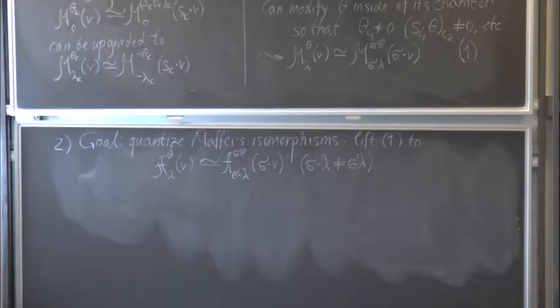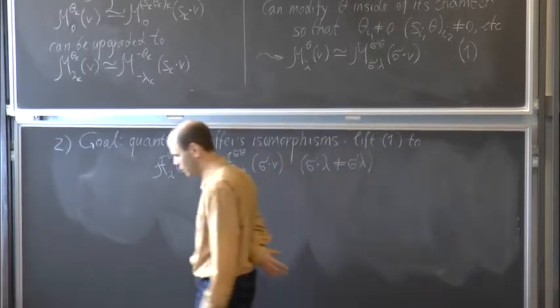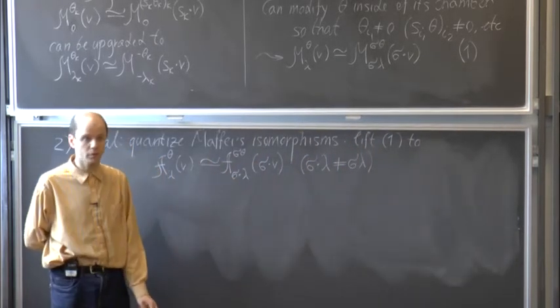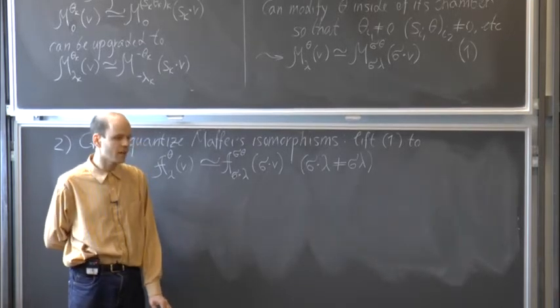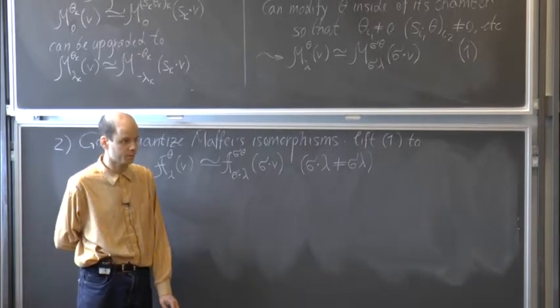And the reason is that when I do the classical computation, I have a distinguished moment map, just the quadratic homogeneous one. When I do quantum computation, I don't have a distinguished moment map. The quantum comoment map in particular depends on the orientation, right? But I have a symmetrized quantum comoment map.